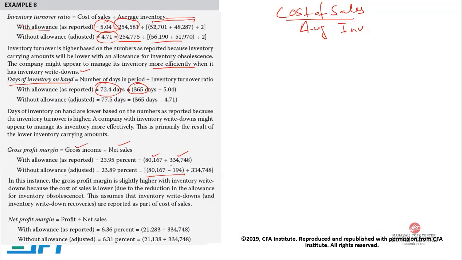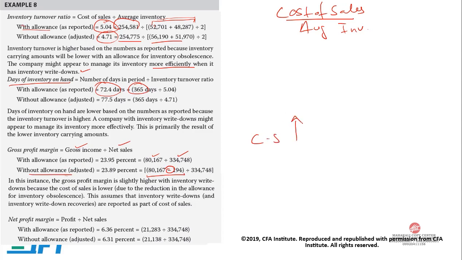So if valuation allowance is going down, that is going to increase our cost of sales. If cost of sales is increasing, that is going to reduce our gross profit. Hence, this is the reason why we are subtracting 194, because our cost of sales in the case of without allowance is increasing.